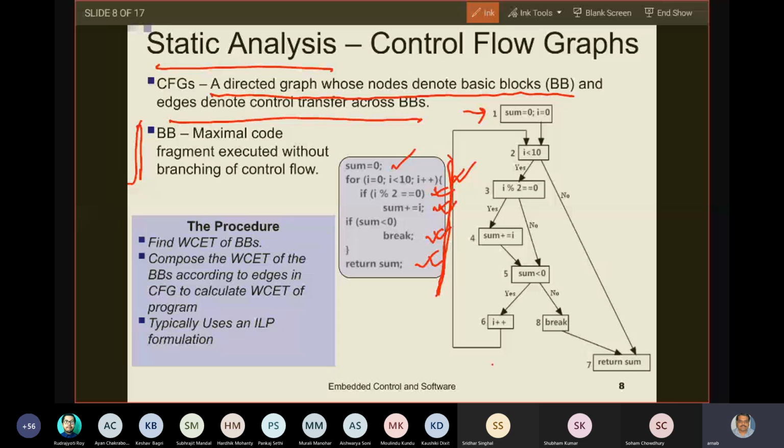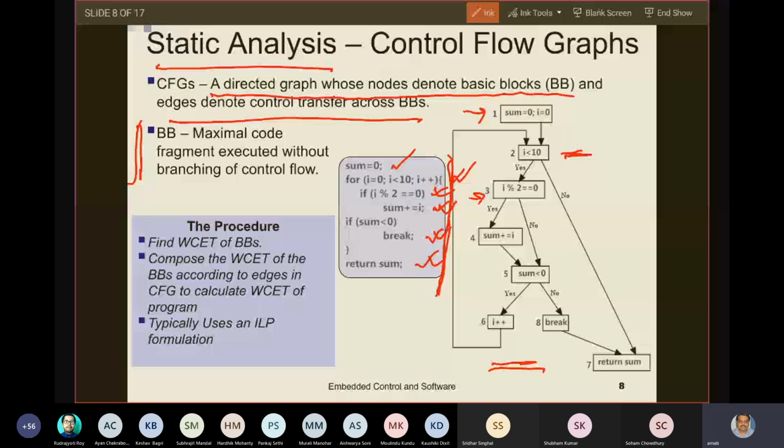Therefore, it has become the start of a new basic block. Now, because this is a condition, your next instruction becomes another basic block. So i percent 2 is another basic block, right?